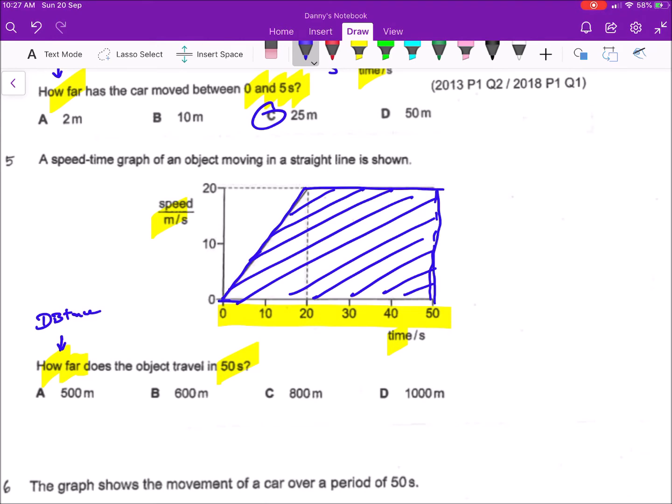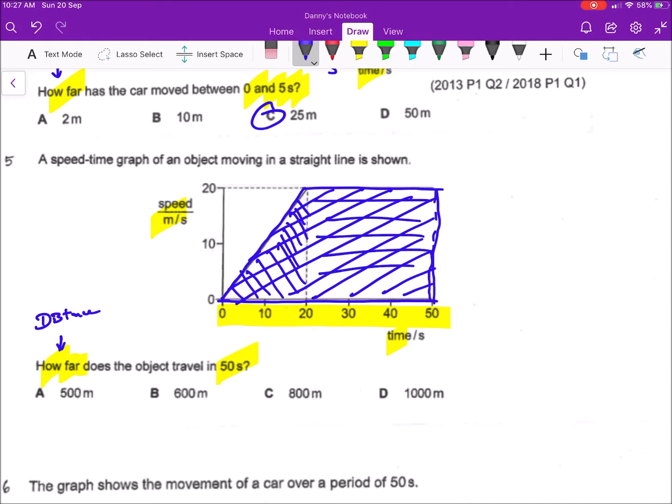Actually, this area represents a trapezium. There are two ways you can find it. You can find it in two steps: find the area of the triangle first, then add it to the area of the rectangle. For me, I will just use the formula directly. The bottom parallel base is 50. The top one would be 30. The height is 20.